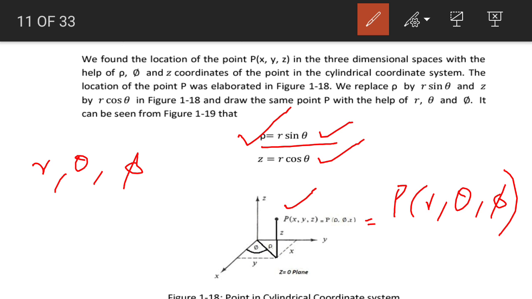Then we draw another line parallel to z-axis such that the length of this line is equal to r cos theta, and we reach the same point which is P in terms of r, theta and phi.